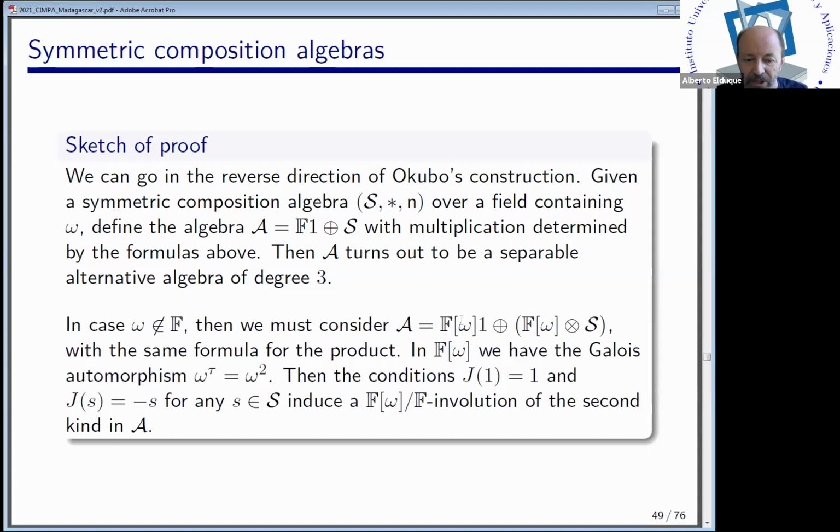So the idea is that from any central separable alternative algebra of degree 3, considering the same formulas that Okubo considered, one gets a symmetric composition algebra, and one can go in the reverse direction: from any symmetric composition algebra, adding a unity and defining a product using the formulas that we have already considered, one can recover a separable alternative algebra of degree 3. So that's it. This is the idea of the proof, that we can move from these alternative algebras to symmetric composition algebras, but we can also go back, and this gives the result. So things are not that difficult.